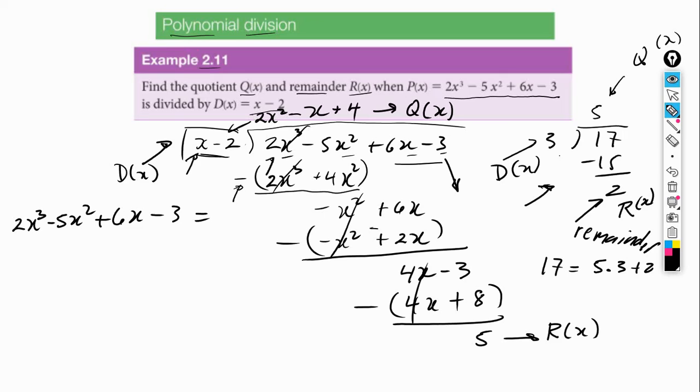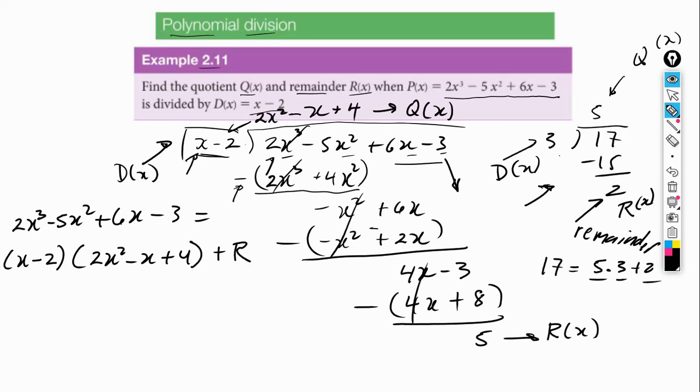So we write quotient times divisor plus remainder. So we would say that this is the same as saying x minus 2 times what we got up here, the quotient. We got 2x squared minus x plus 4 plus the remainder.